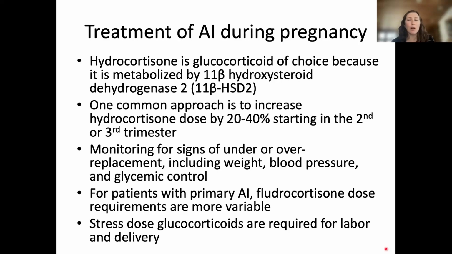For active labor and delivery, I recommend stress dose glucocorticoids to my OB colleagues. And then after delivery, hydrocortisone can be quickly tapered back to pre-pregnancy doses within 2 to 4 days. And the great news for these women is that with good glucocorticoid and mineralocorticoid replacement, we can expect good pregnancy outcomes for the mom and baby.